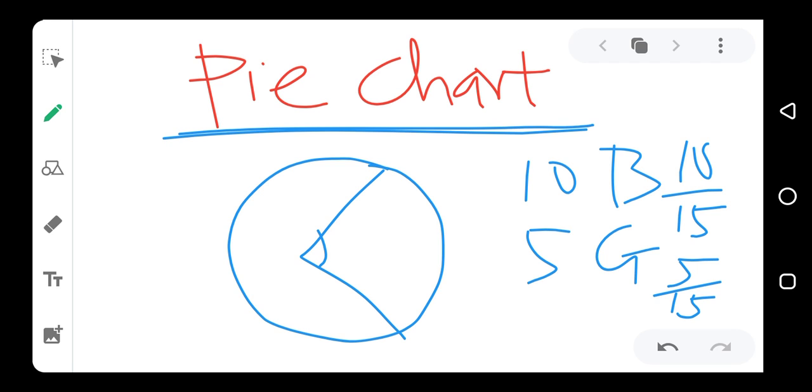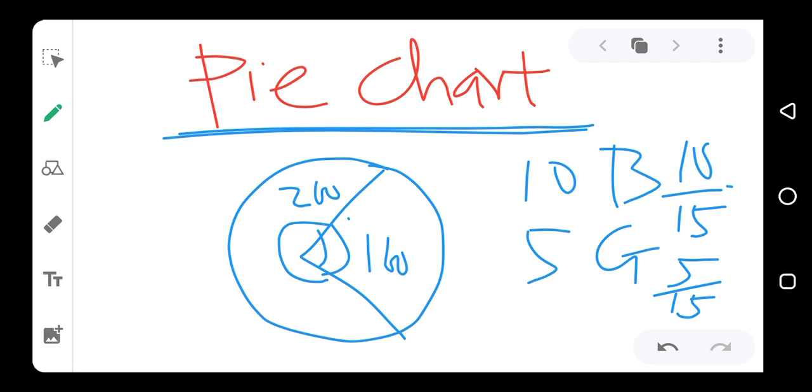Maybe we get this first one as 200, and then the second one, maybe we have it as 160.